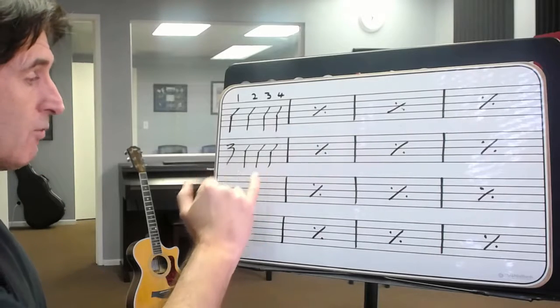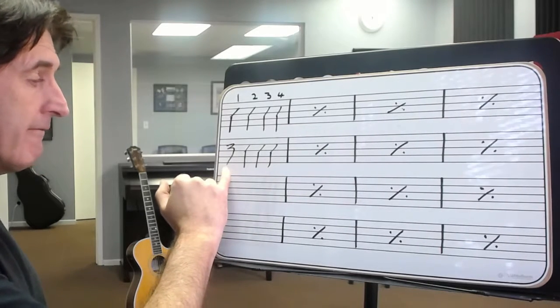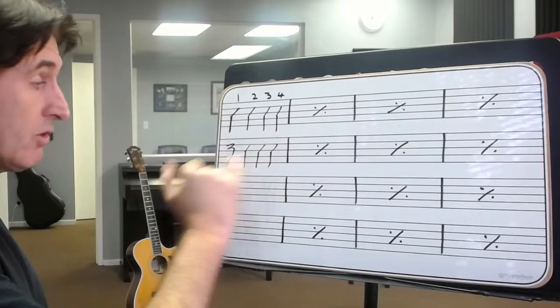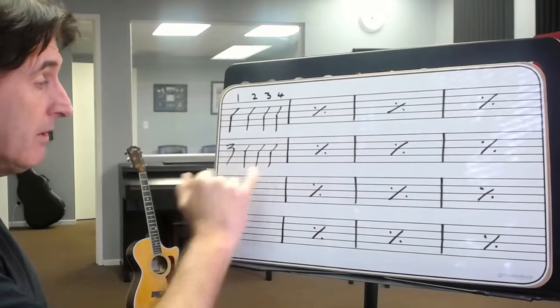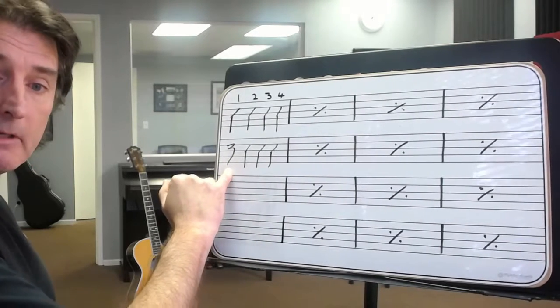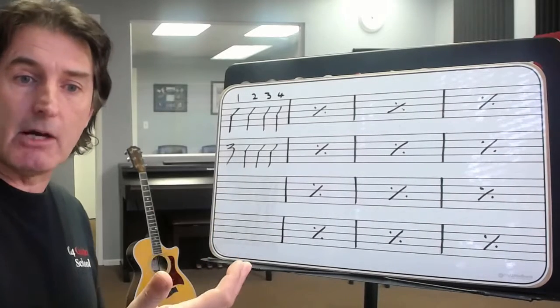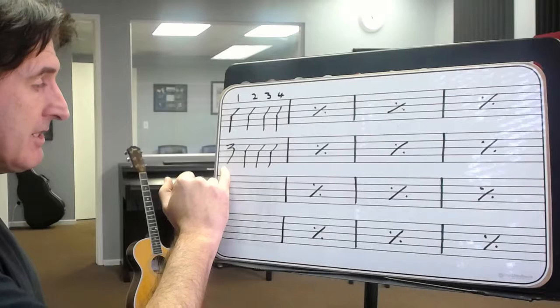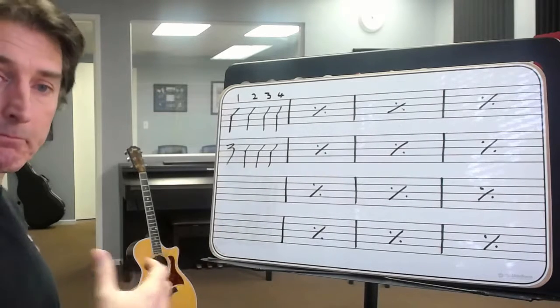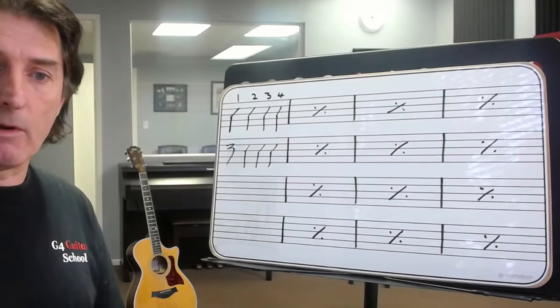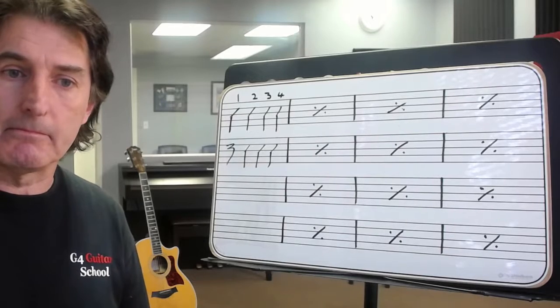In this case we have 1, 2, 3, 4, but beat 1 is a rest where we will do nothing. We hold and we just have silence. But again we're adding up to our 4 beats in the bar. Therefore we've satisfied our rule.